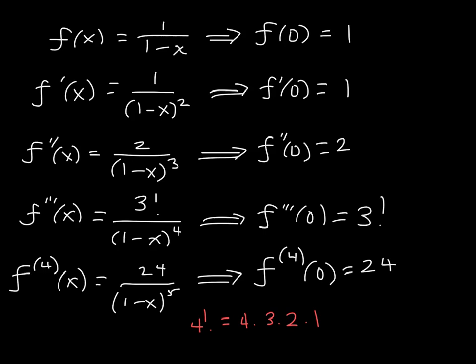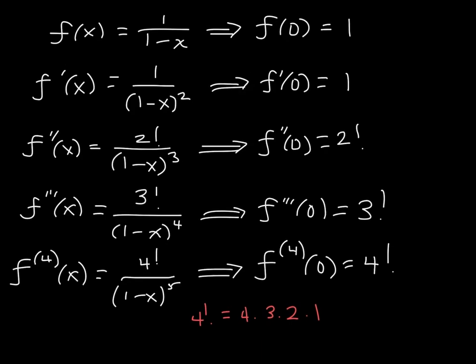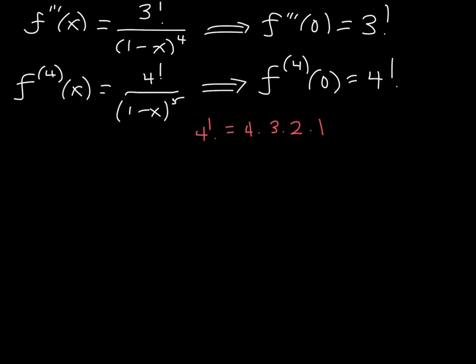And instead of 24, what if I wrote this as 4 factorial? Then I think the pattern is more evident. And don't forget that 2 is equivalent to 2 factorial, so that really is a factorial as well. So I think we can get our Maclaurin series then. We see the pattern. So let's get our Maclaurin series now.